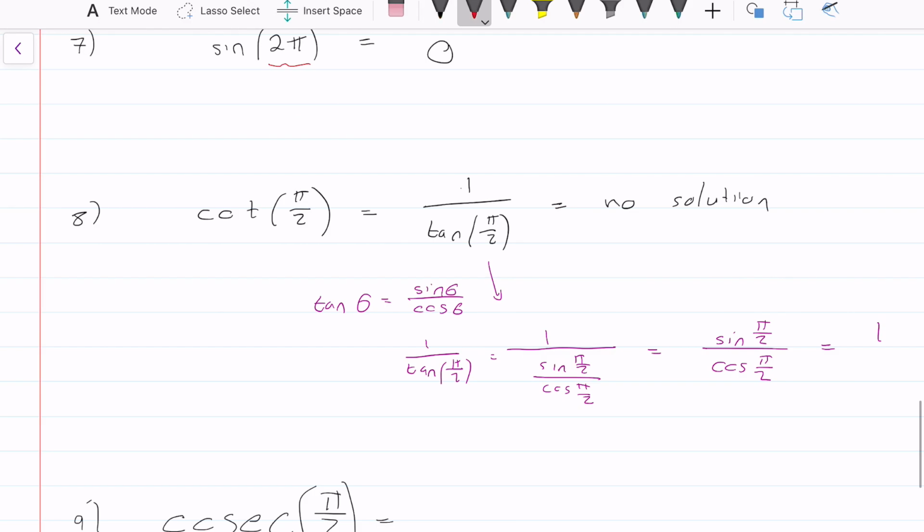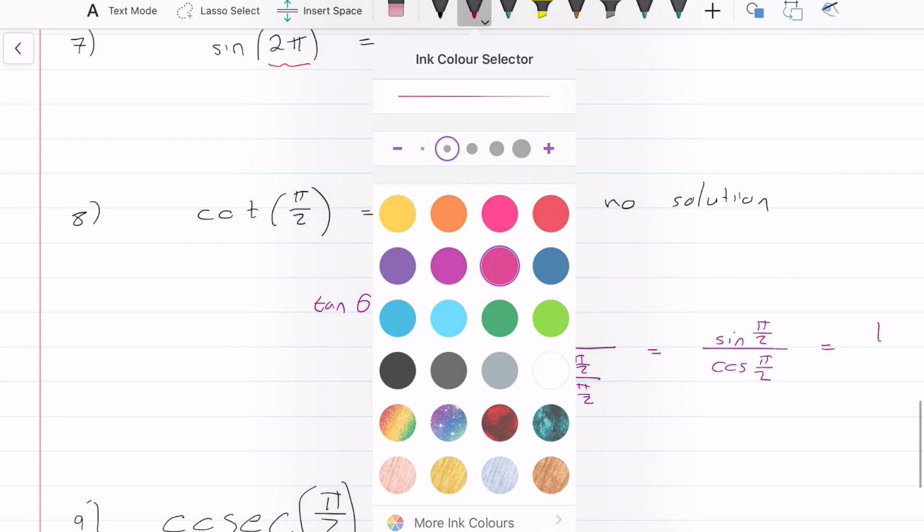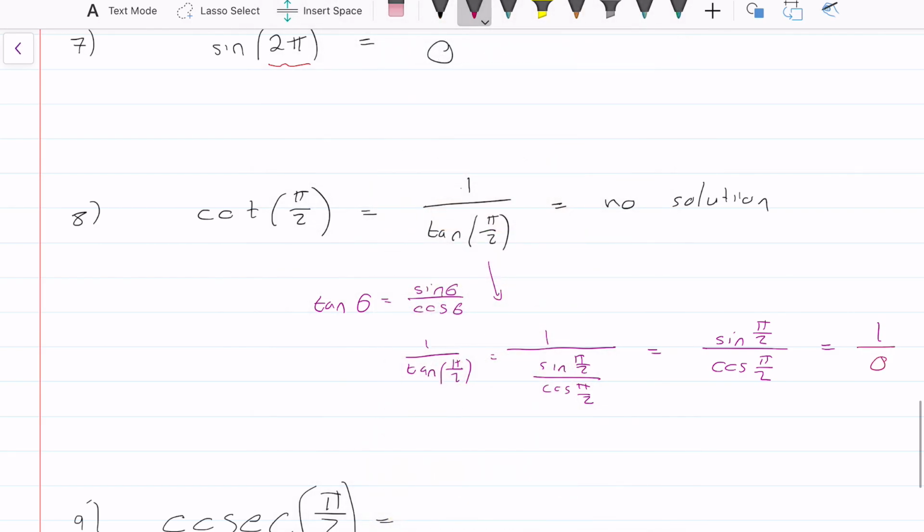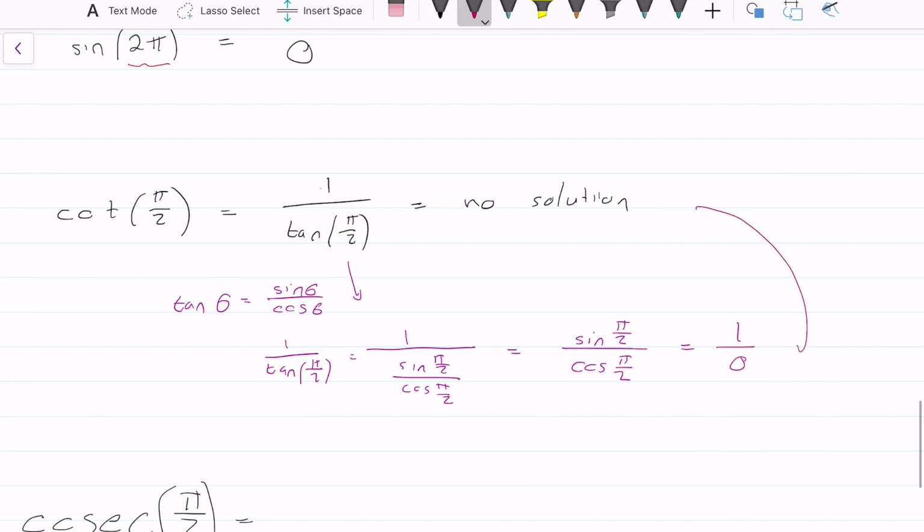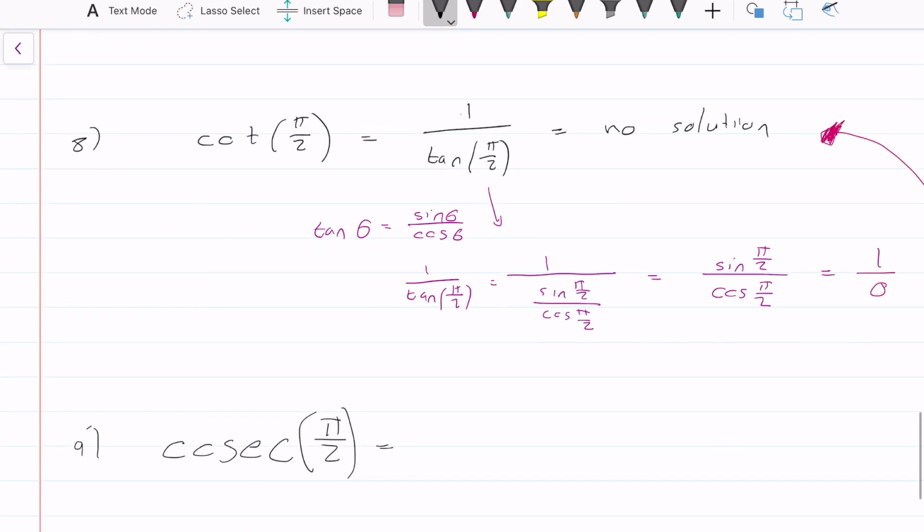Here, this is pi over 2, and then this is pi. So we have 1 over 0, and we can't do that. 1 over 0 is undefined, so we have no solution. That makes sense of why we get no solution.